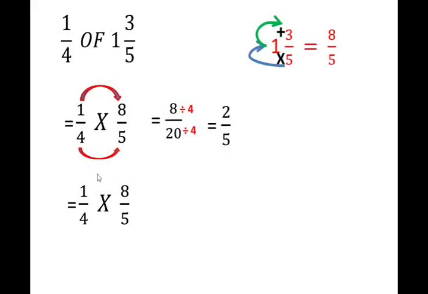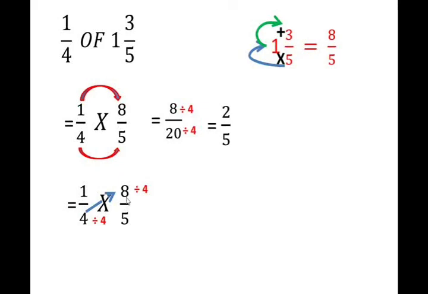Okay, now 1/4 times 8/5. I'm taking the same question, but this time instead of multiplying first and then dividing, I am going to divide first. That means simplify first and then multiply. I noticed that my denominator is 4 in one fraction and the numerator in the second fraction is 8. So there is a common number I can cross simplify. 8 divided by 4 and 4 also divided by 4.